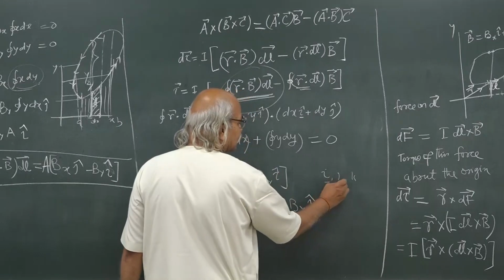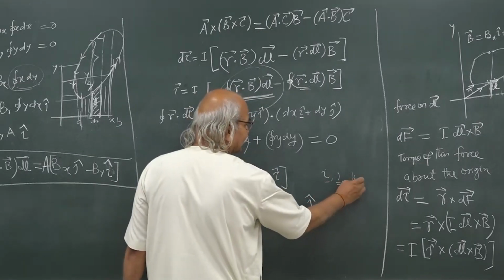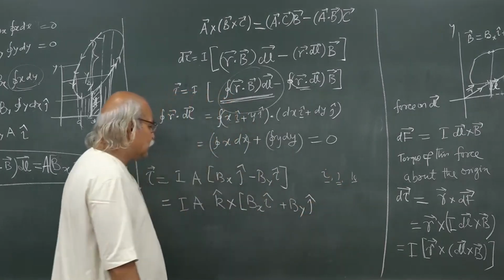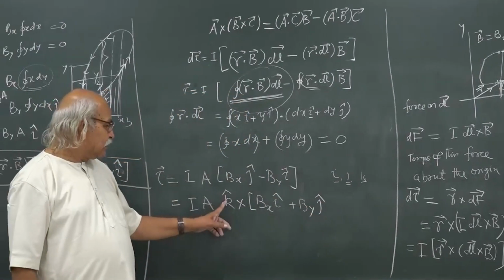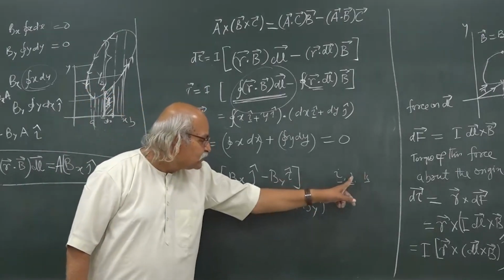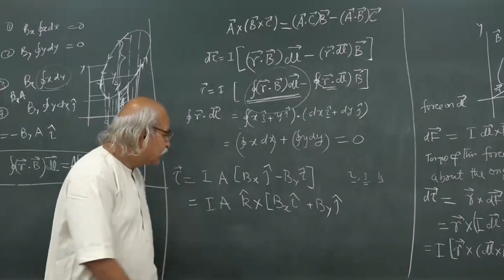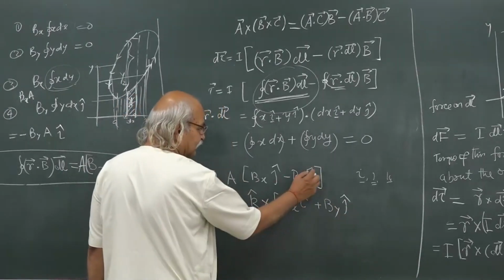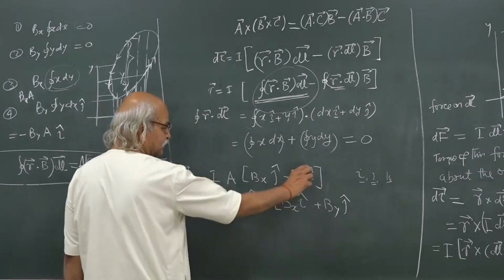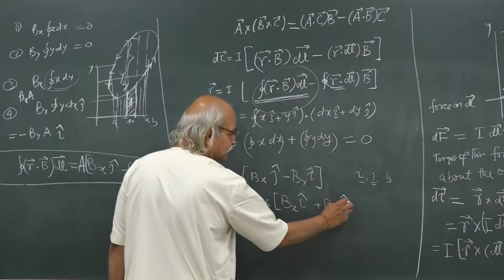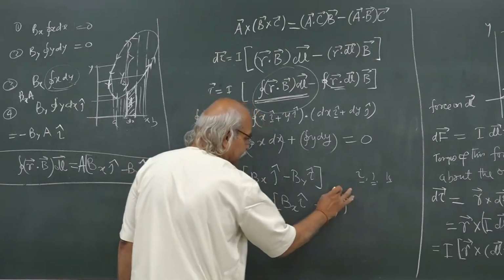So i cross j is k, j cross k is i, k cross i is j, that is how it will go. And here it is k cross j, opposite. So this will be minus i cap. So minus i cap I can write as k cross, and then the cross product with j cap.